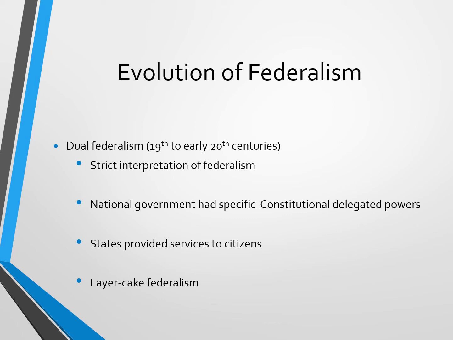Those were the only things the federal government was involved with. Everything else the states were doing. The states were the ones providing services to their citizens. The metaphor for this is called layer cake federalism, because there were two levels of government connected by that middle icing in the cake. So, layer cake federalism.